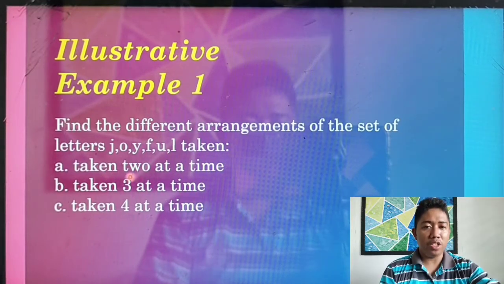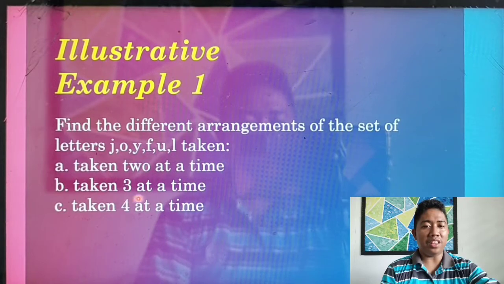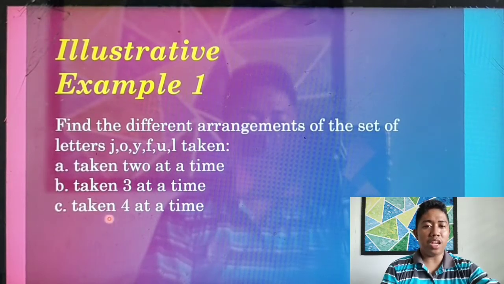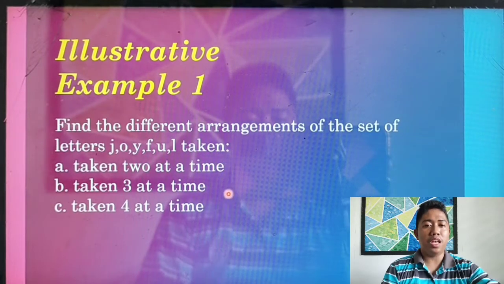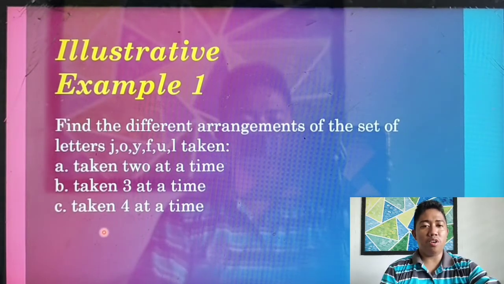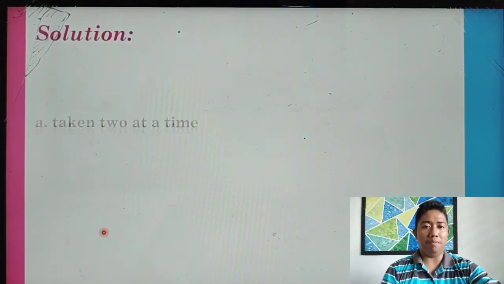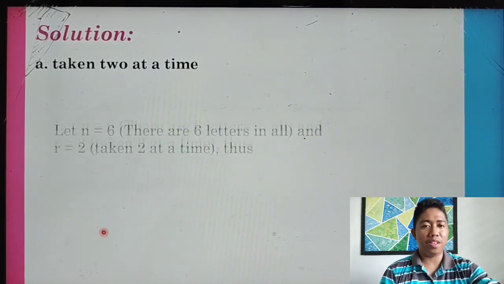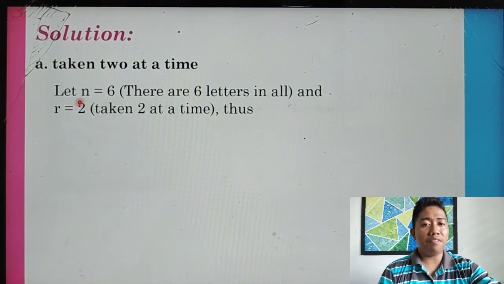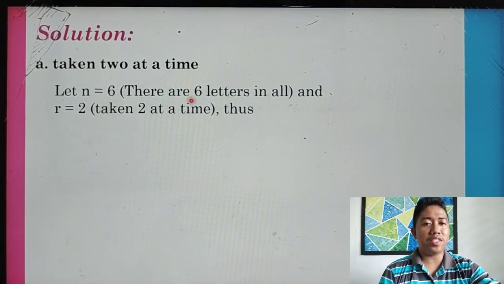Letter A, taken 2 at a time; letter B, taken 3 at a time; or letter C, taken 4 at a time. To solve this problem which involves general permutation, here is the solution. For letter A, we take 2 at a time among the 6 letters in the word JOYFUL. The value of n is equal to 6 since there are 6 letters in all, and we need to take 2 at a time, so r is equal to 2.